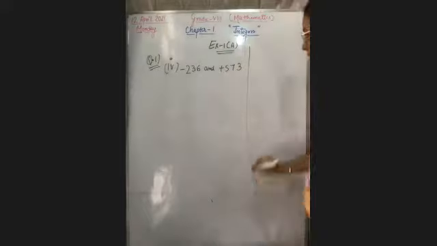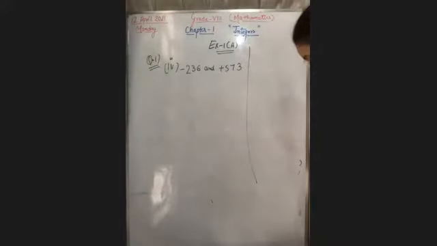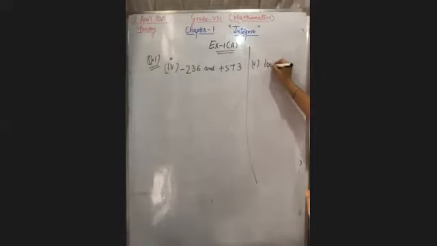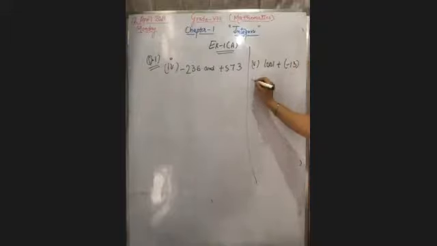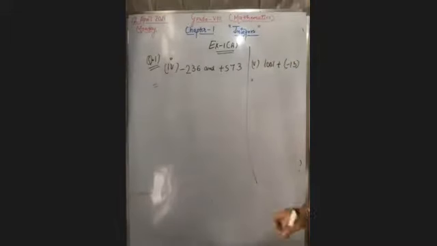Fifth part, you have to do 1001 plus minus 30. Solve these 2 parts quickly. I've given you something to solve, so start writing, start solving.